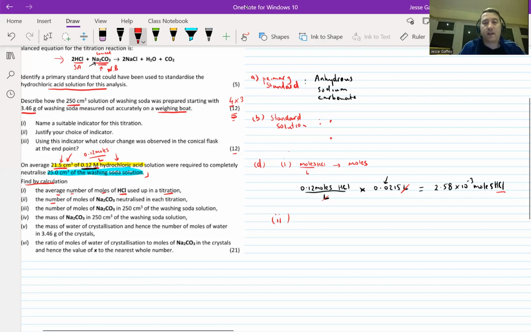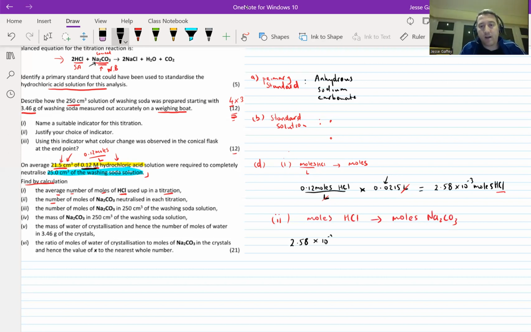Okay, so obviously here the plan is, well, we have moles of HCl and we want to go to moles of Na2CO3. So let's write down what we know. We know we've got 2.58 by 10 to the minus 3 moles HCl. Now, I don't want moles of HCl in my answer.